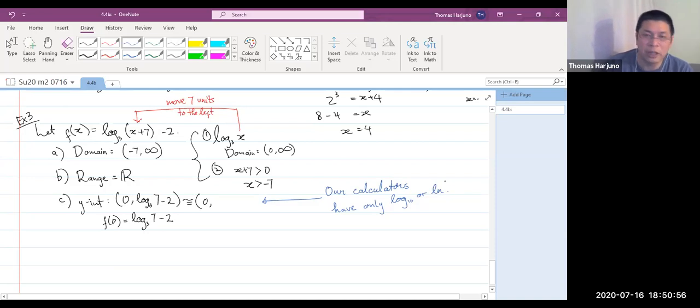Not log base 3, not log base 2. So if we have logs with bases other than 10 or base e, we need to do some adjustment. Let me borrow from what we're supposed to see in 4.5, change of base.